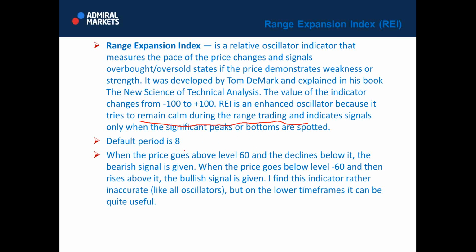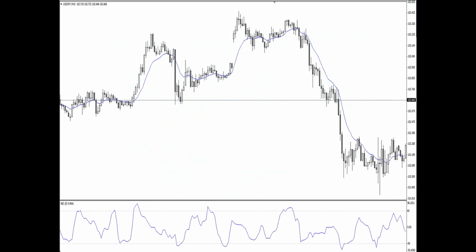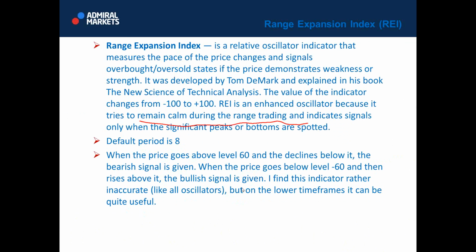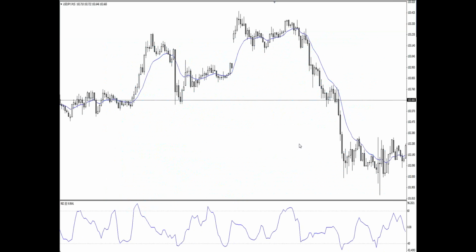I find this indicator rather inaccurate, like all oscillators, but on lower time frames it can be quite useful. I saw it in action on M15 and M5. Lower time frames are quite useful for this indicator, and it is really good as an overbought and oversold indicator.